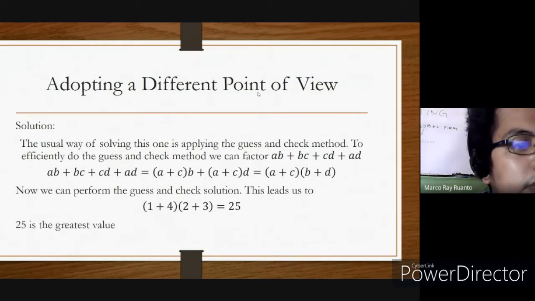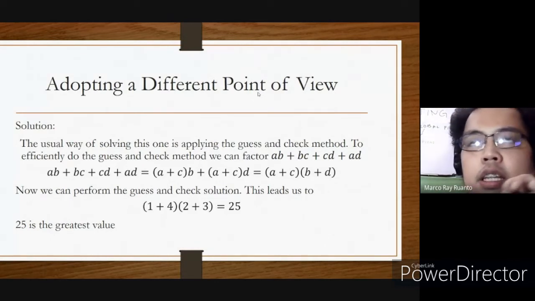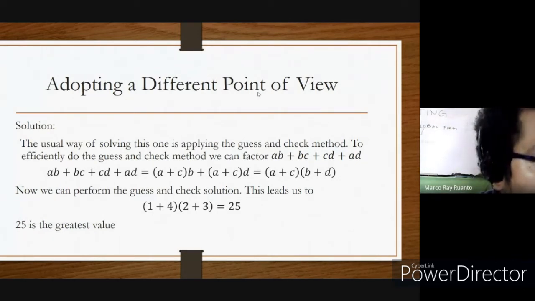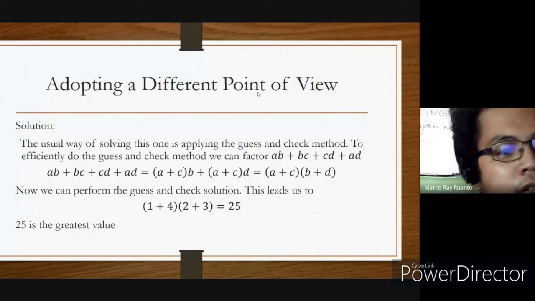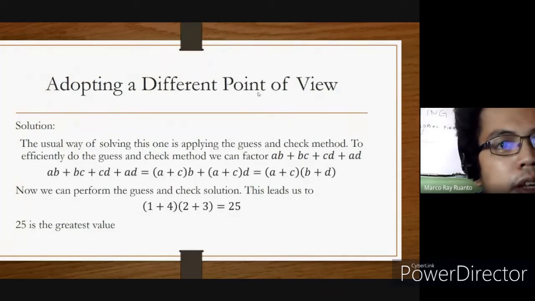So that's how we do it. Instead of doing the trial and error immediately, we factor it first, and after we factor it, that's the time we do the trial and error or guess and check method. So here, 25 is the greatest value.